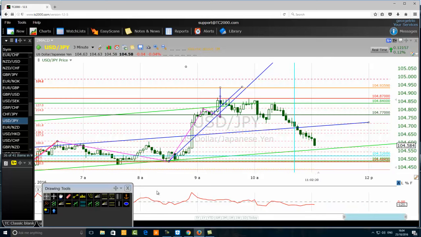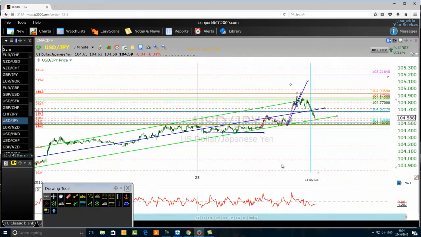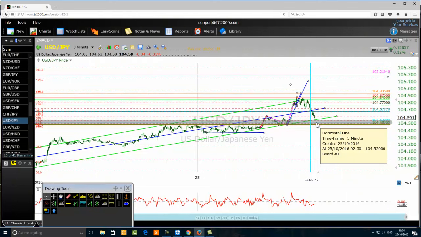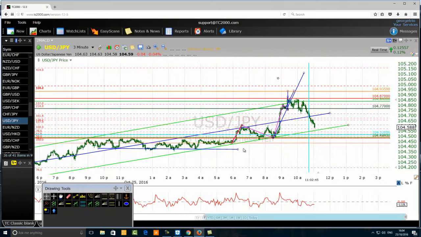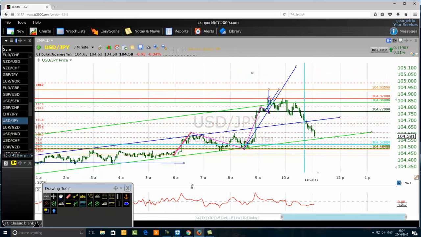We need to be aware of other traders, because some traders would like to buy on the edge of the rising channel here, though my target is a little bit below that green trend line.